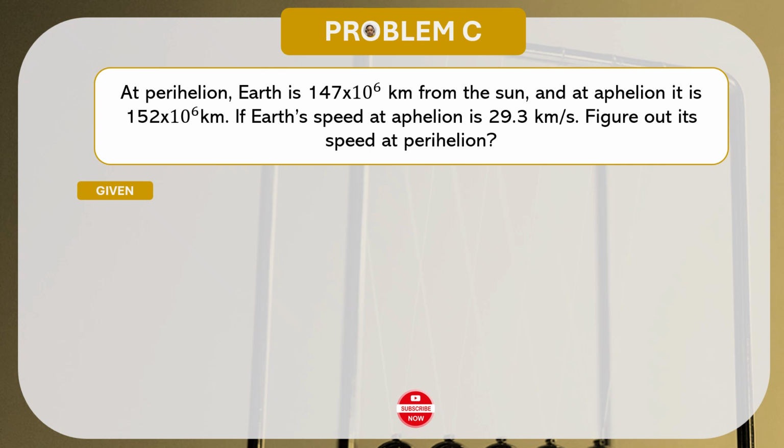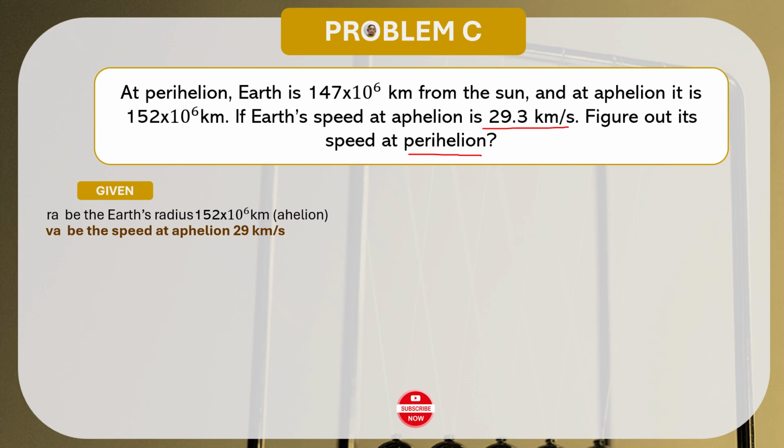If Earth's speed at aphelion is 29.3 kilometers per second, let's figure out the speed at perihelion. Same as our problem A, but this time it has specific terms used here, perihelion and aphelion. So we expect that at perihelion, it will speed up faster than 29.3 kilometers per second.